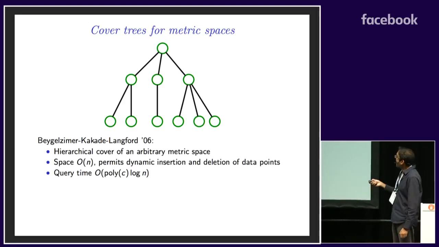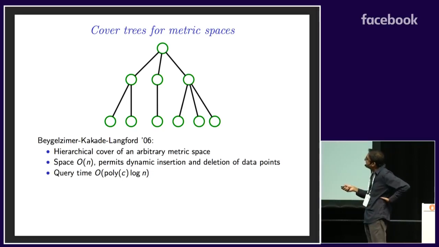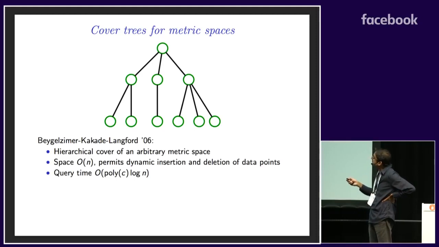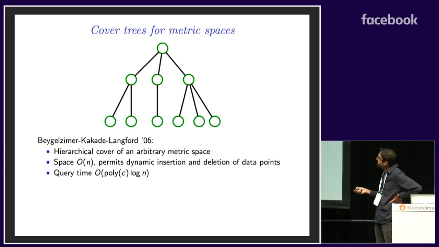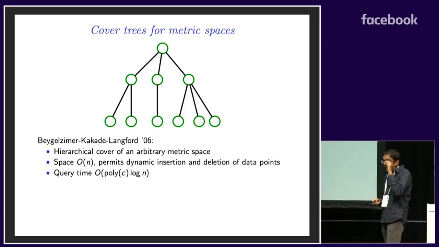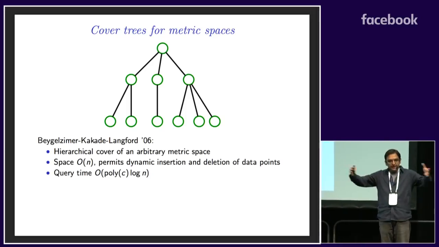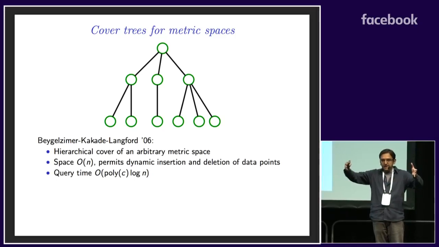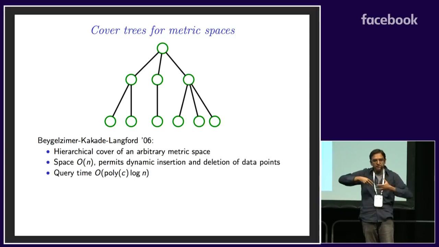And it turns out that you can build these in a way that permits dynamic insertion and deletion. The whole thing takes space O(n). And the query time turns out to just be some constant times log n. The query is done by comprehensive search, and the levels of the tree can contain a lot of nodes, but it turns out that as you go down the tree, you only have to look at a constant number of nodes.